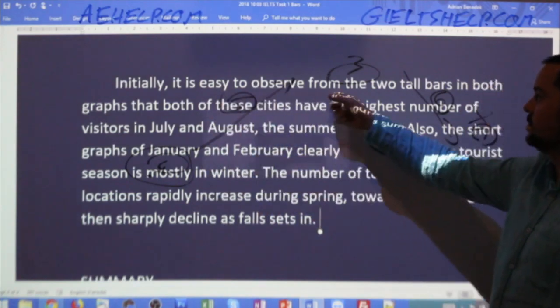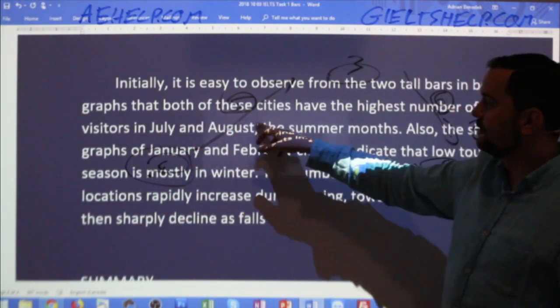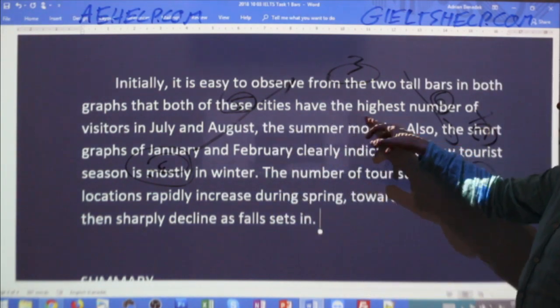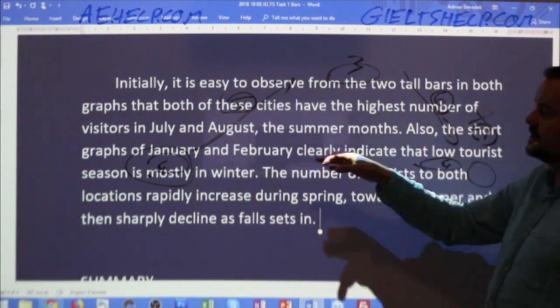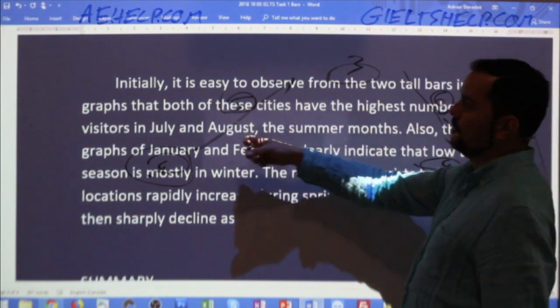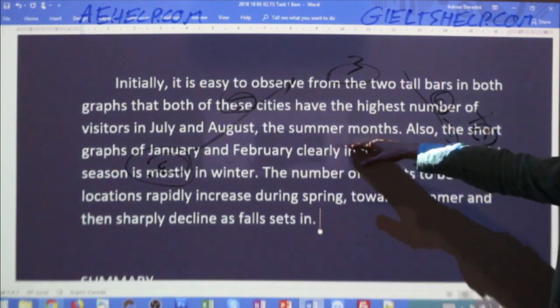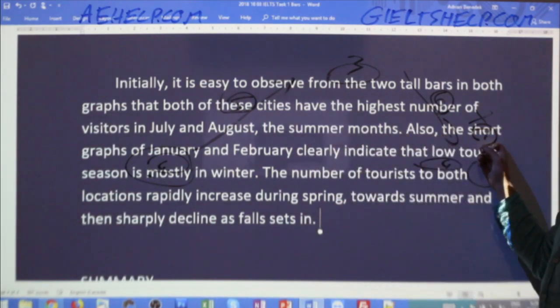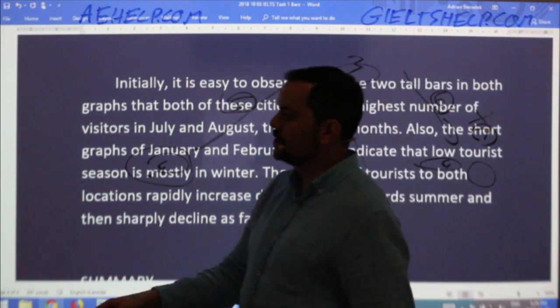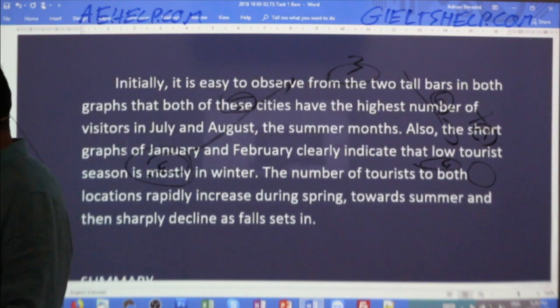No problems. So I just wrote this up real quickly as I was saying it. Initially, it is easy to observe from the 2 tall bars in both graphs that both of these cities have the highest number of visitors in July and August. A little bit of word repetition there with both and both. I might want to paraphrase that. The summer months. Also, the short bars of January and February. So here I want to do a little bit of a correction.